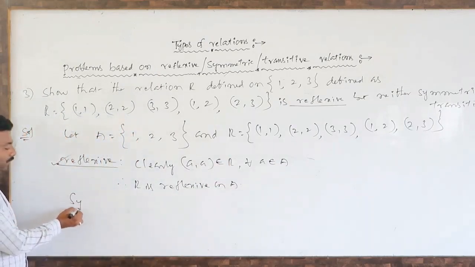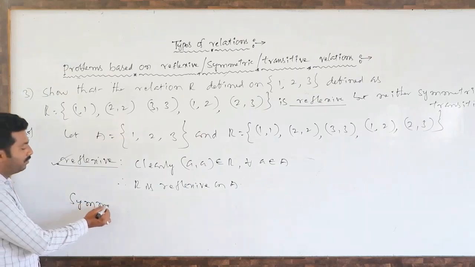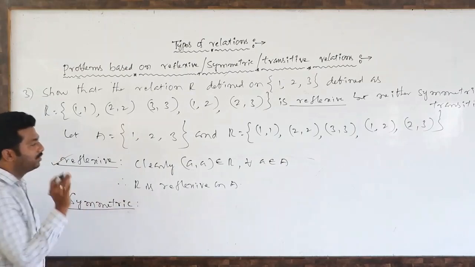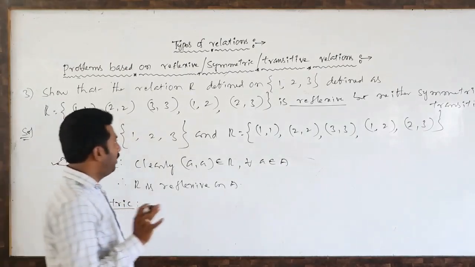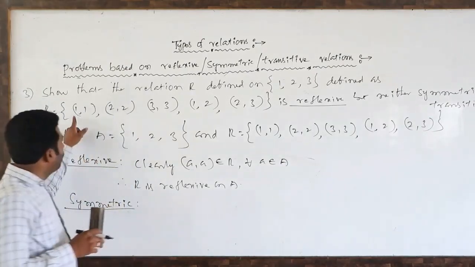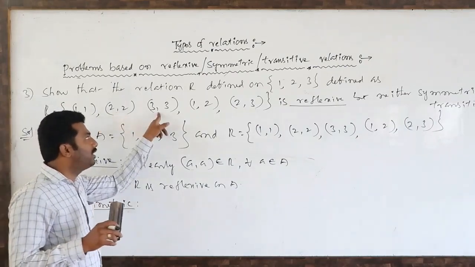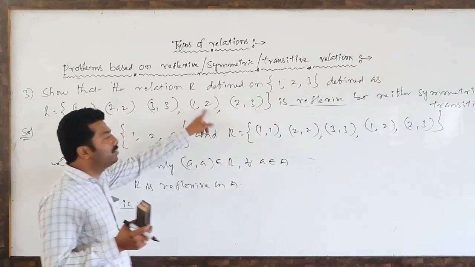Then, whether capital R is symmetric or not, we have to check. Symmetric nature. What is symmetric nature? Suppose you take (1,1), symmetric (1,1); (2,2) symmetric (2,2); (3,3) symmetric (3,3); (1,2) symmetric?